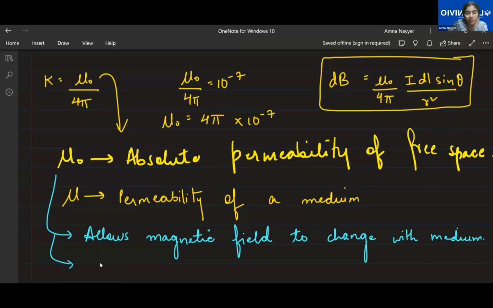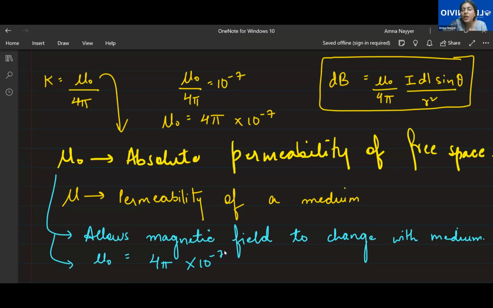Mu naught's value is particularly for air, and you should know it the way you've learned the value of K. This also has to be remembered: it is 4 pi into 10 to the power minus 7. So usually mu naught by 4 pi is replaced with 10 to the power minus 7.